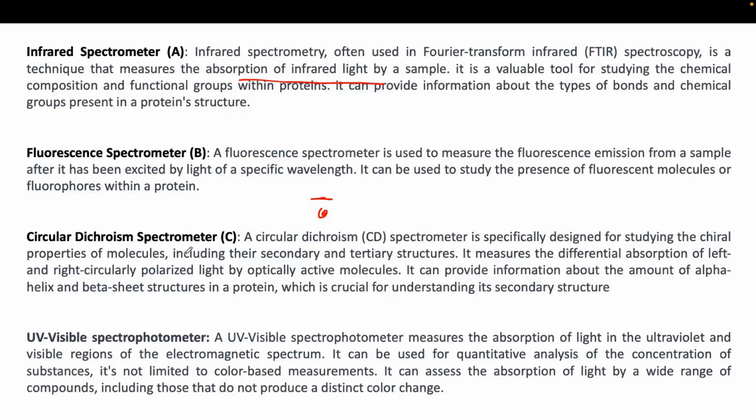So the circular dichroism spectrophotometer is helpful to identify the secondary structure of any kind of protein. Most of the time we use this instrument for identifying the secondary structural content present in the protein.